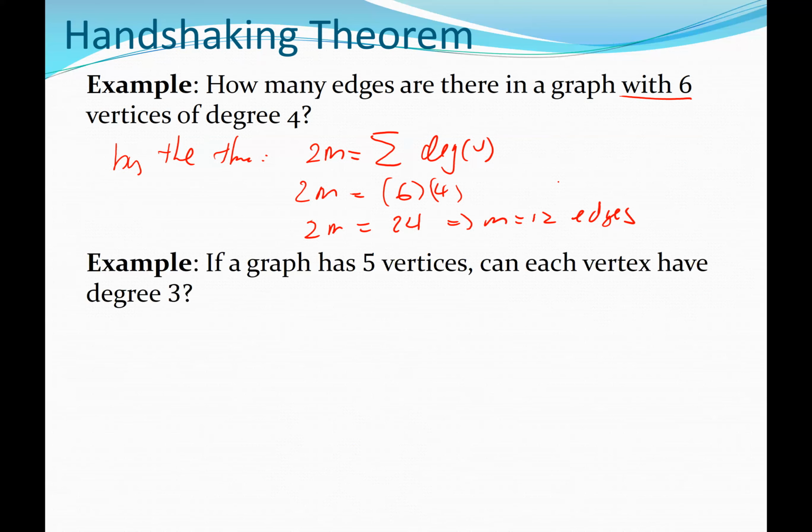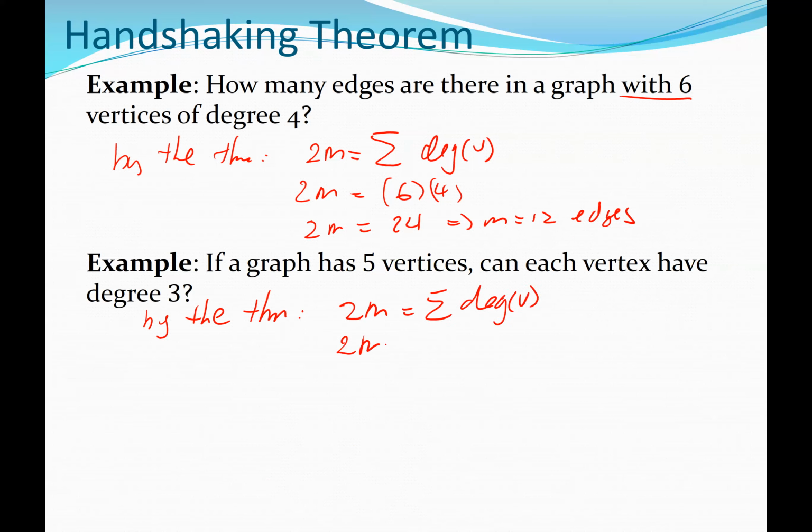So another example: if a graph has 5 vertices, can each vertex have degree 3? So by the theorem, 2m equals the summation of the degree of v.